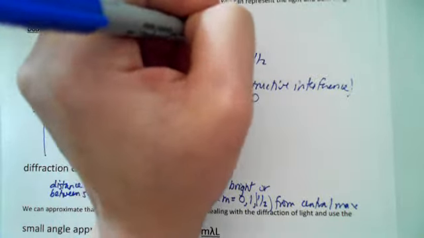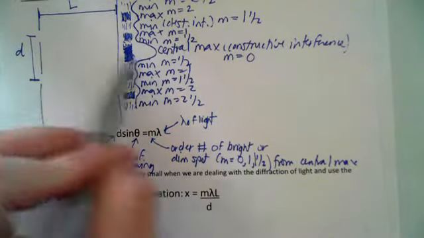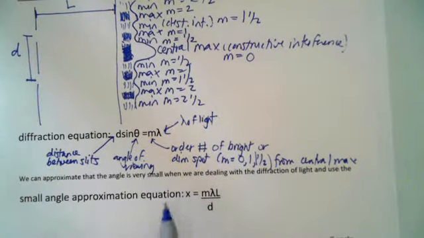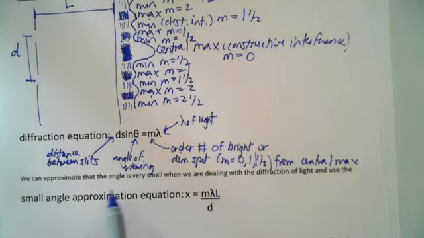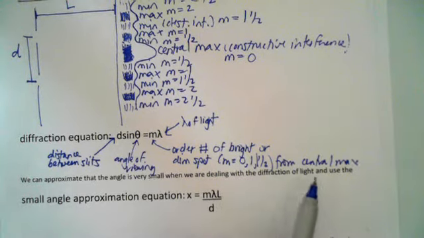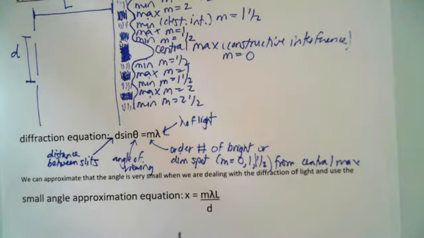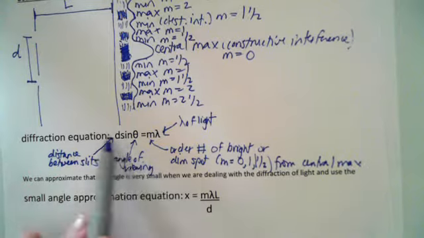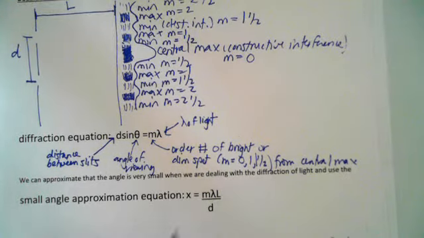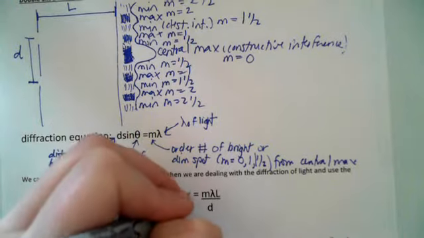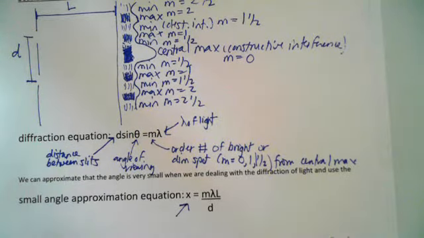Anytime we're dealing with light, we can approximate that the angle at which you're viewing it, the angle between the normal and whatever fringe, is very small. And so we have our small angle approximation equation. Both of these are on your equation sheet, but you're going to use this one a lot more. And x is basically the distance between subsequent maxes and mins.